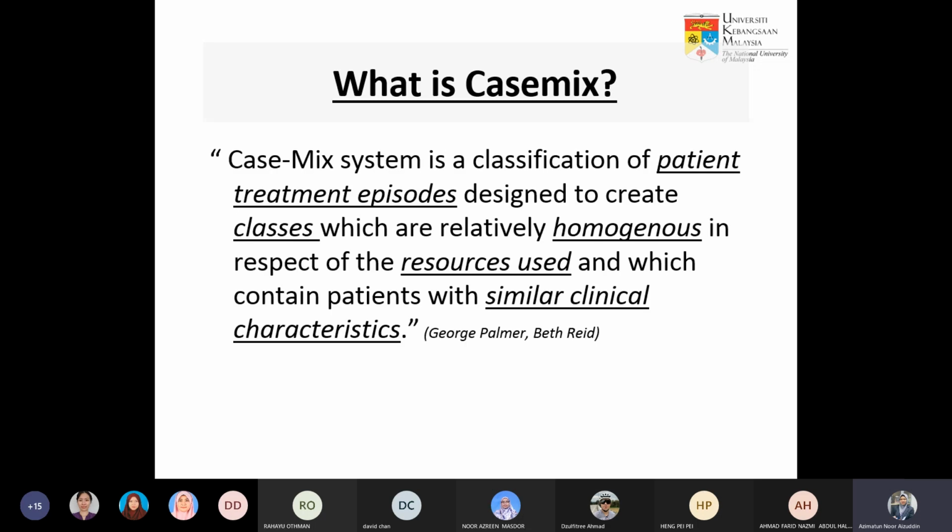So the Casemix system is a classification of patient treatment episodes designed to create classes which are relatively homogeneous in respect of the resources used and which contain patients with similar clinical characteristics. The keyword here is the patient's treatment episodes, which we try to group into classes that show they use the same resources. That is what we call homogeneous in resource use, and they also have similar clinical characteristics. We will go into detail after this.